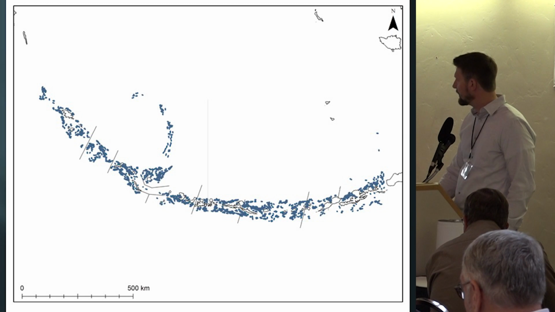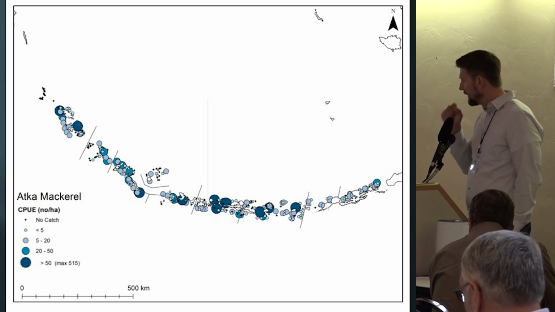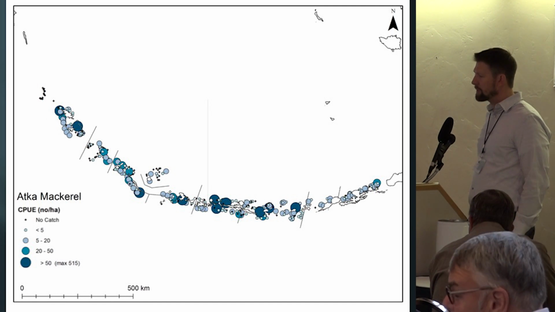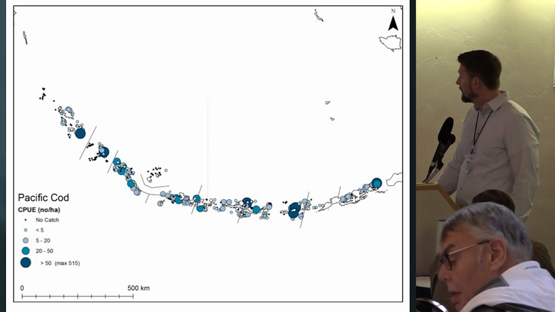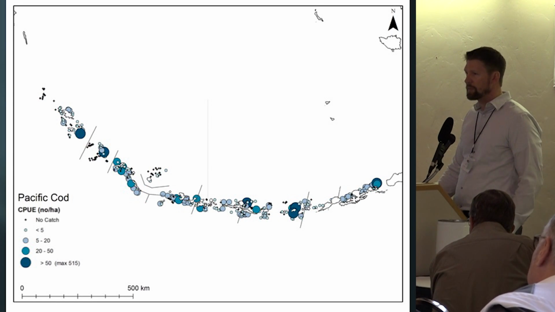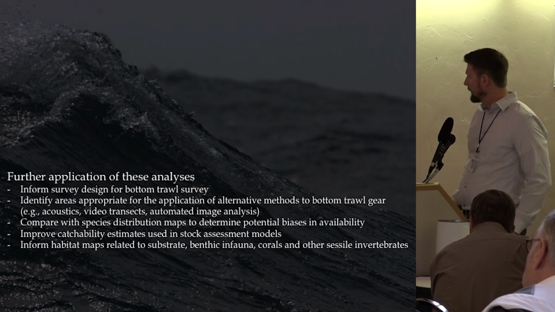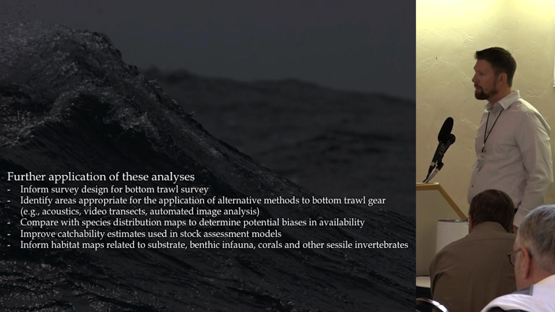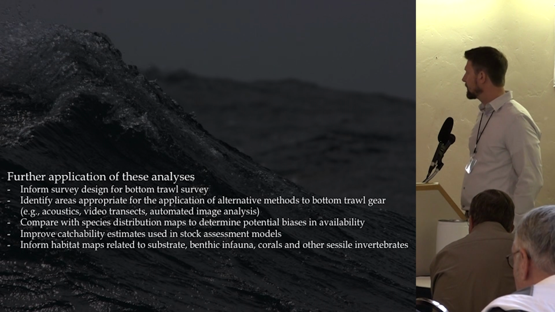And so we're looking to apply the same suite of analyses and then ultimately look at how that trawlable and untrawlable habitat lines up with our species distributions or the estimates from the survey, such as for Atka mackerel or Pacific cod or some other species, and look at whether or not we have some bias and where and for which species. And so the further application for these analyses is to inform not just how we use the data, but survey design for the bottom trawl survey.